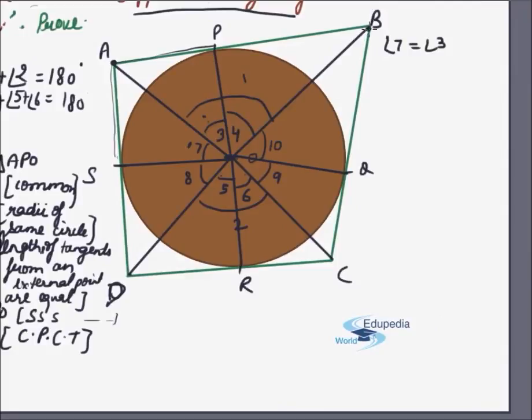Similarly, on concentrating at point B, we can prove that angle 10 is equal to angle 4. And while working on point C, we can prove that angle 9 is equal to angle 6.